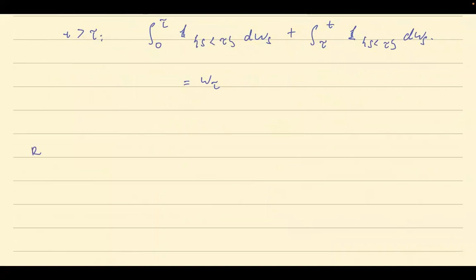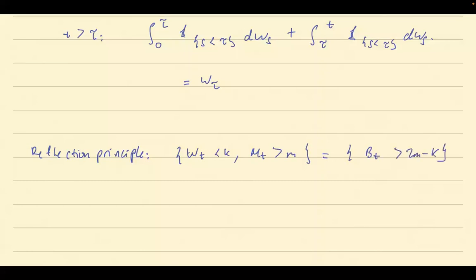So the reflection principle: the probability that WT is less than K and MT is bigger than M is equal to the probability that BT is bigger than 2M minus K. This is true for K less than M. And let us remind ourselves that BT is the reflected motion.